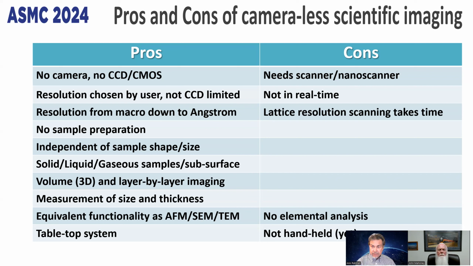And lattice resolution scanning takes a pretty long time. A lot of times overnight scanning is needed for even a 20 micron by 20 micron by 20 micron volume if we want to see really closely.